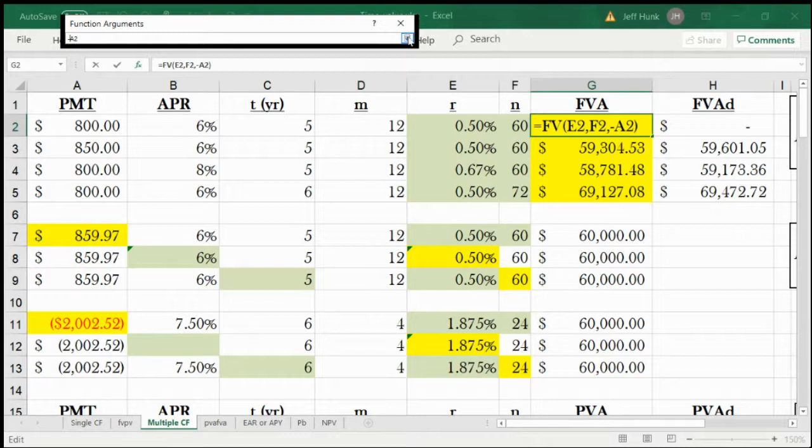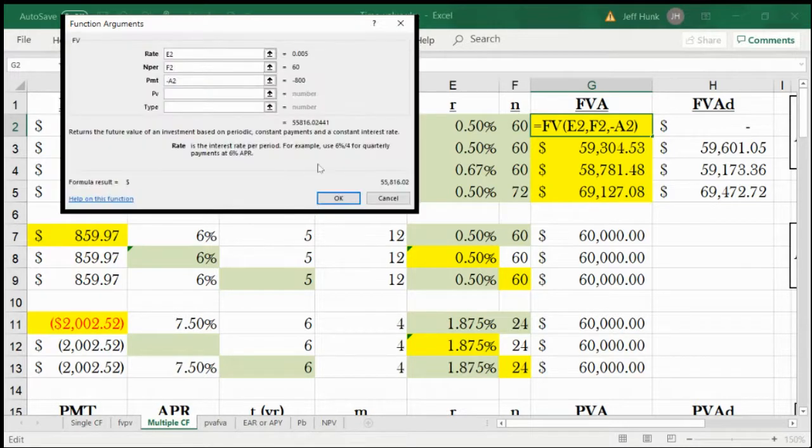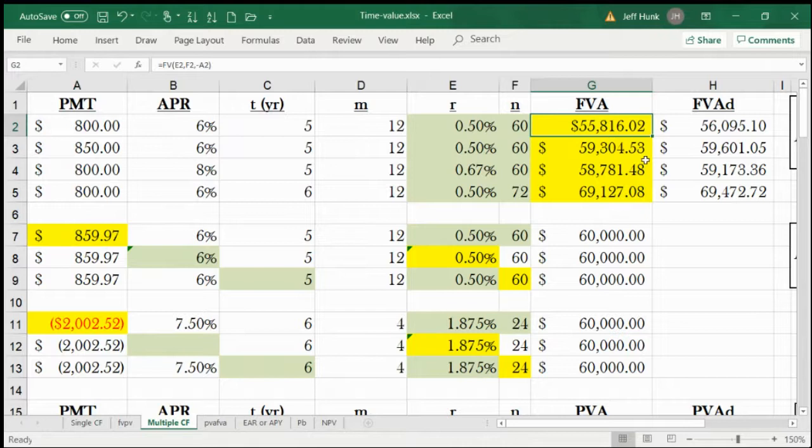Because it's leaving your pocket, it's leaving your wallet and going into the bank. Now, there's no present value, right? This is not a single cash flow model. Type: ordinary annuity unless otherwise specified. And you got this already, right? So hit OK, you got that, right? And then as you scroll down, you get, right?